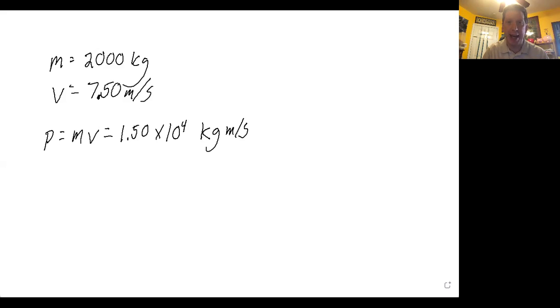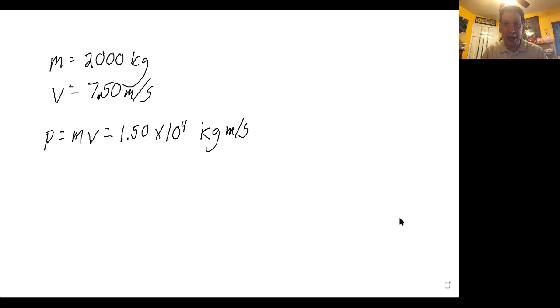And that's part A. Part B, so this is question 1 if you're looking at your textbook. Compare the elephant's momentum with the momentum of a 0.0400 kilogram tranquilizer dart fired at a speed of 600 meters per second. So you're setting up a tranquilizer dart.